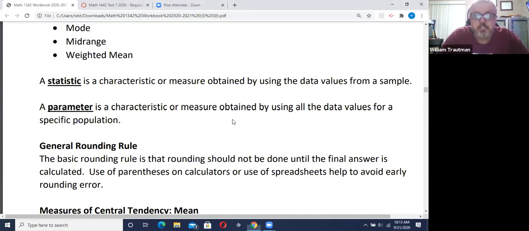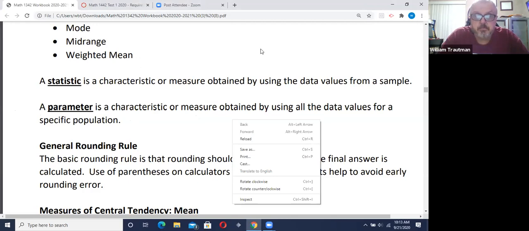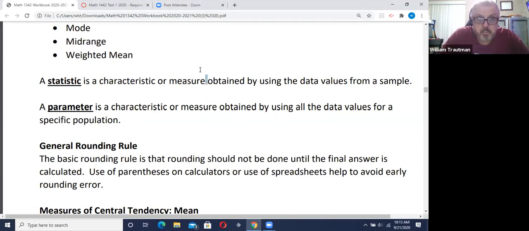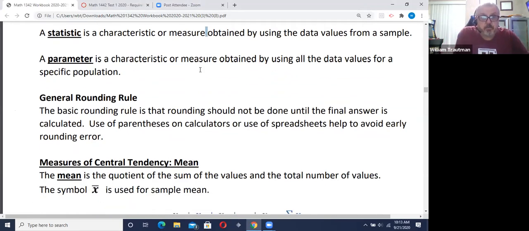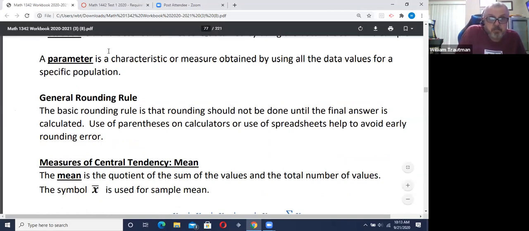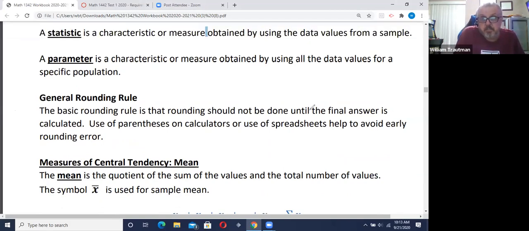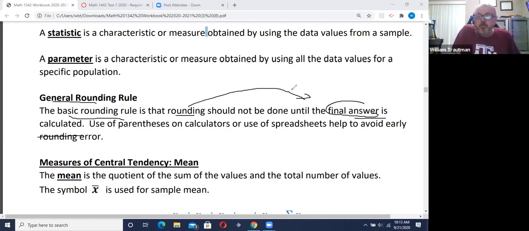Rounding, general rounding rule. Let's see what it says here. Yeah, it says general rounding rule: don't round until your final answer. Rounding should be done at the end, so don't round in between.